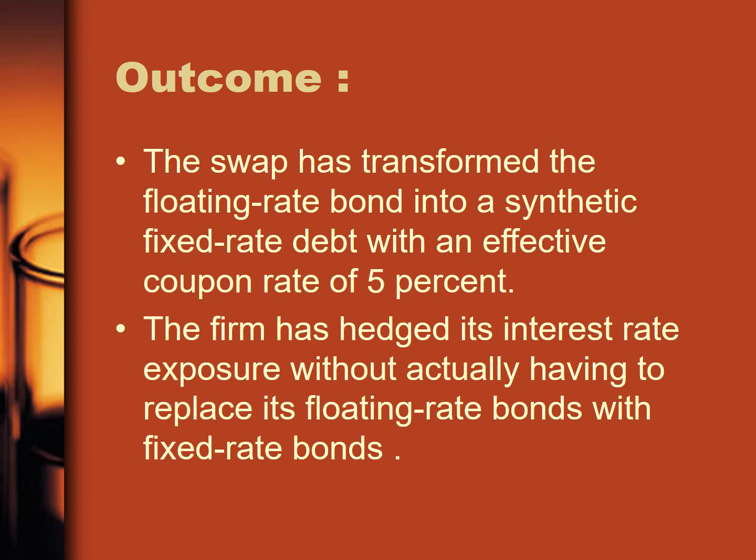So that is the outcome of this transaction, without having to buy back the floating rate bonds and then issue the fixed rate bonds, which will involve a lot of hassle, cash flow problems, and cost of issuing the fixed rate bonds. The firm has avoided all these hassles, and they just entered into a swap deal with a swap dealer, and it's a very amicable arrangement and very simple solution, and the firm has got what they actually wanted.